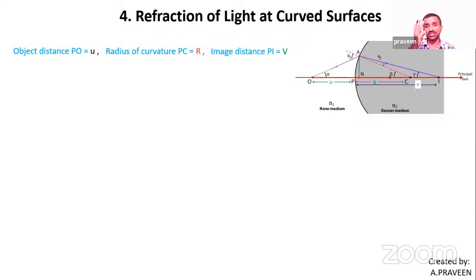So I have three distances: the object distance, the radius of curvature, pole to center distance, and the pole to image distance.